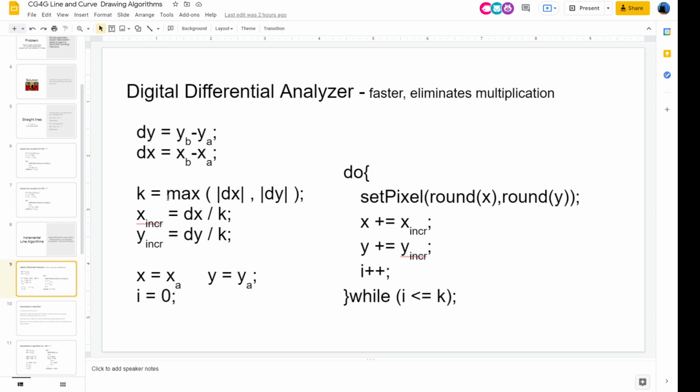It creates an increment to move along the axis, scaled according to whichever one is bigger, so that everything scales down and you can work in that smaller space. So we have an increment to add to x and an increment to add to y, and then we can move from pixel to pixel according to the increment, setting pixels as we go.